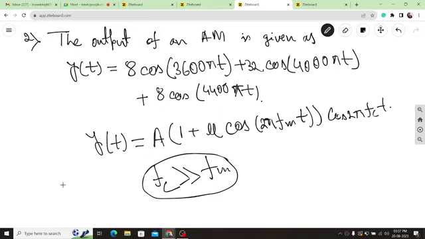So we have to find what fc is and what fm is.